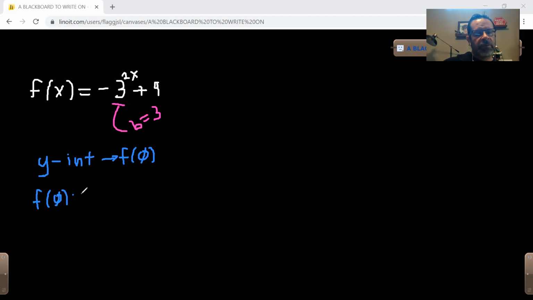is going to be equal to minus 3, and we've got 2x here, so it's going to be 2 multiplied by 0, plus 9. Now, 2 multiplied by 0 is going to be 0.